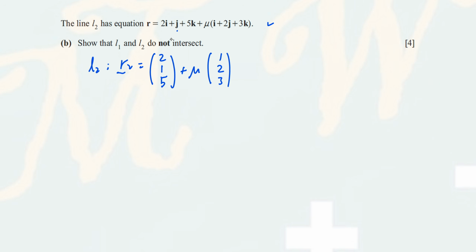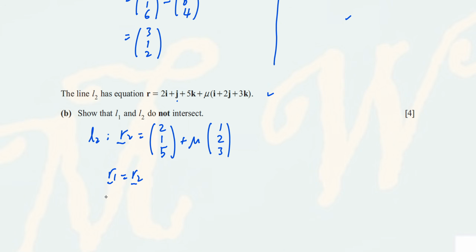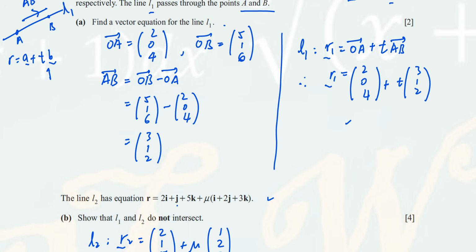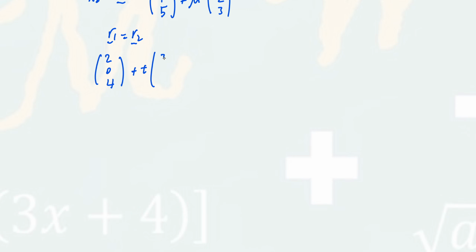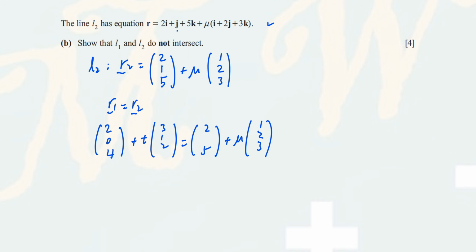Okay, so to show that they are not intersecting, we will first let r1 equals r2. I will copy my r1, (2, 0, 4) plus t (3, 1, 2) equals to my r2, which is (2, 1, 5) plus mu (1, 2, 3).